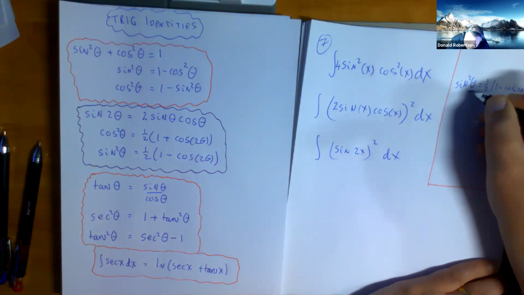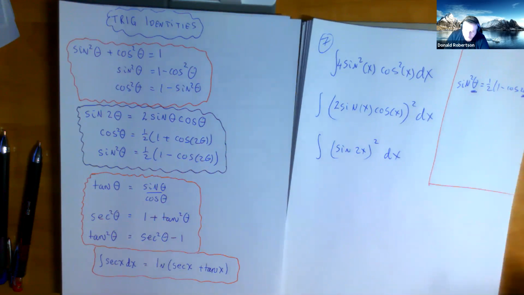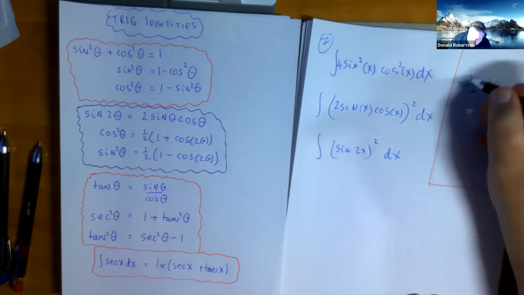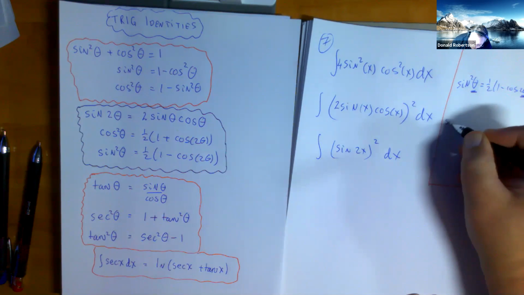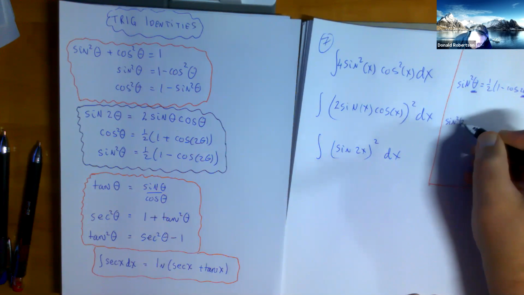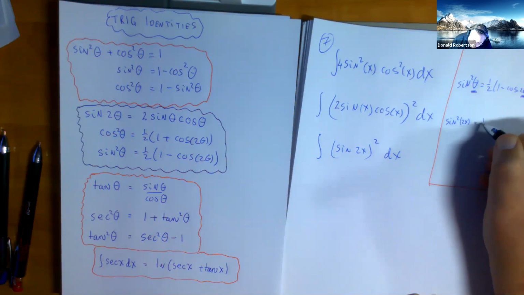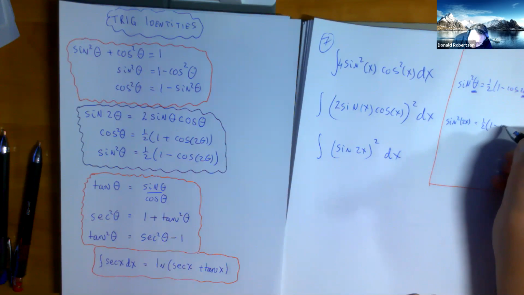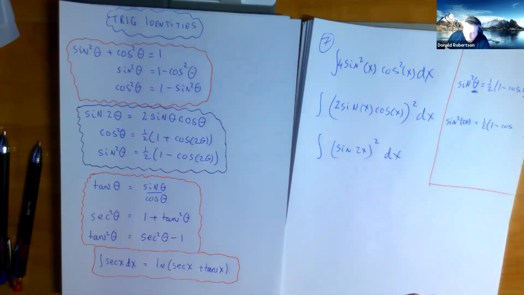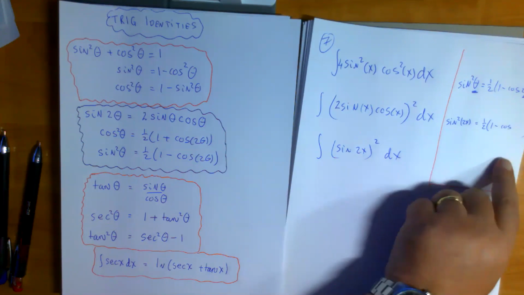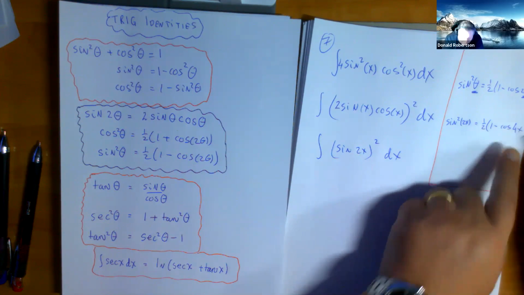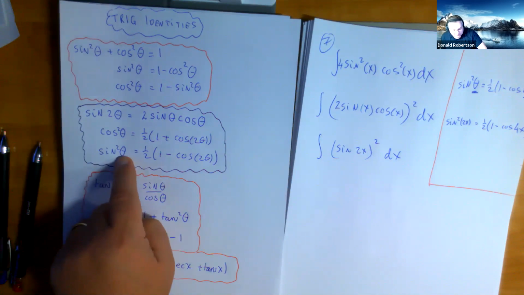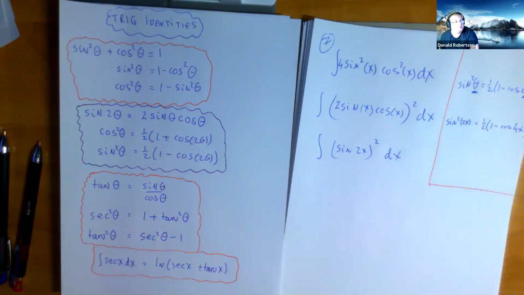Don't think of that so much as a theta, but as a placeholder where you put things. So if you use this as your template, then sine squared 2x becomes a half 1 minus the cosine of how many x? 4x. So do you see that you can adapt this formula to make that happen?